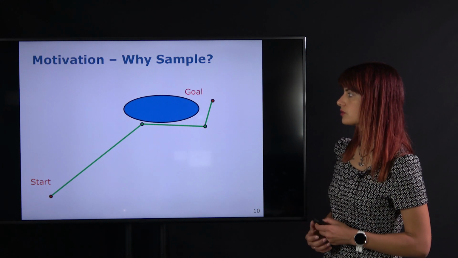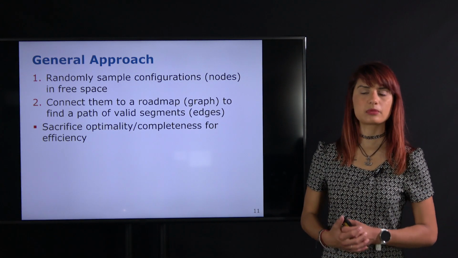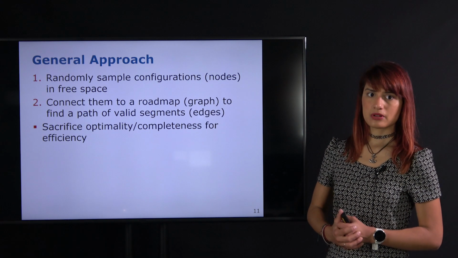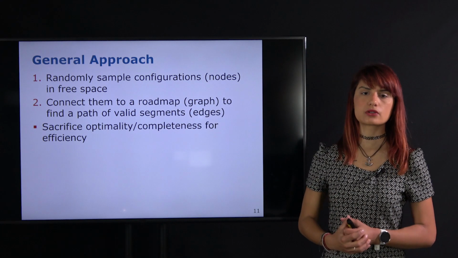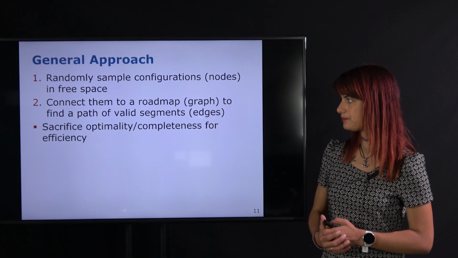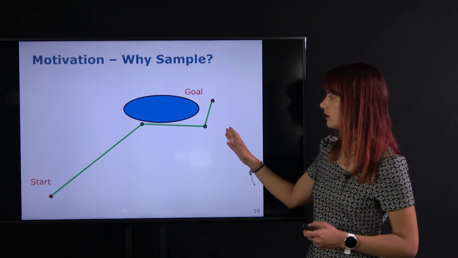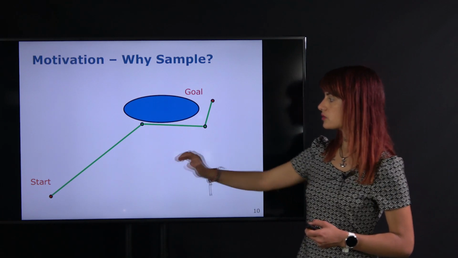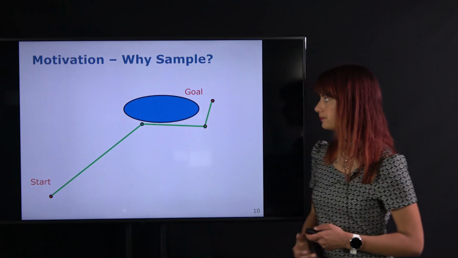And so let's try to put this into steps and formulate a general approach for sampling-based planners. So as in our simple example, the first thing we did was to sample configurations in the free space. So over here, we tried to figure out samples corresponding to nodes that we can use as intermediate connections between the start and the goal.